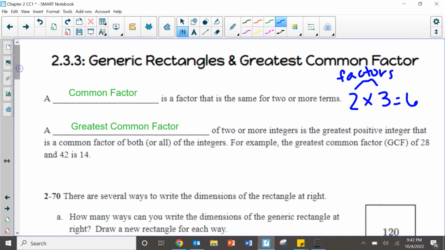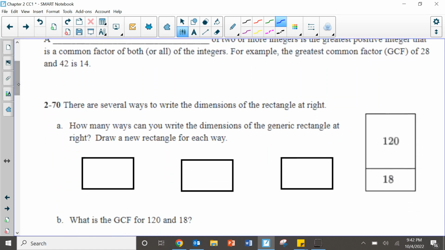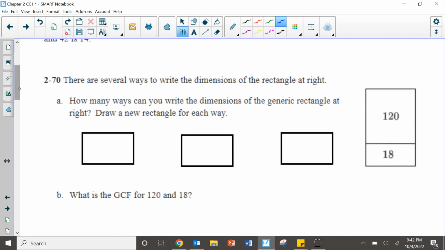So we're going to be combining the idea of common factors with our generic rectangles that we worked on yesterday. There are several ways to write the dimensions of the rectangle at the right. Yesterday we had our outside numbers and we were finding the inside. Today we're given the inside and we need to find the outside numbers.